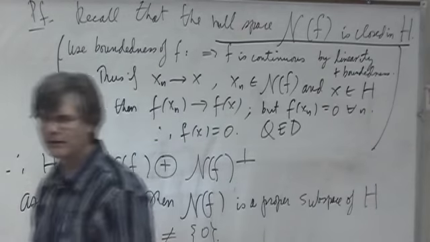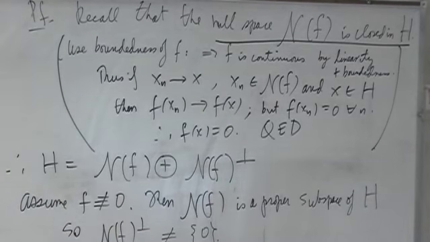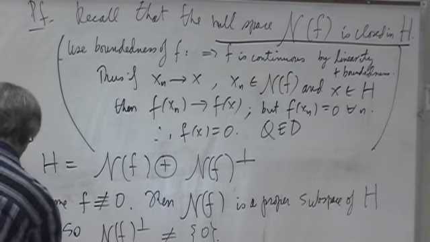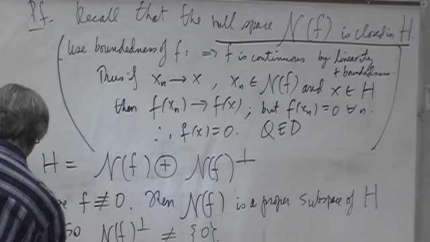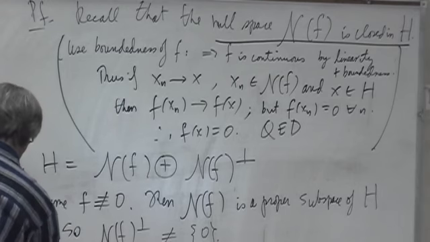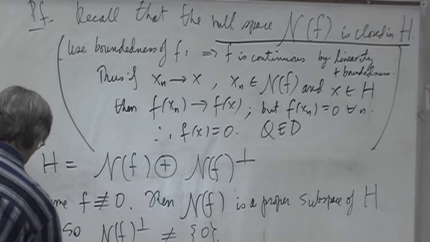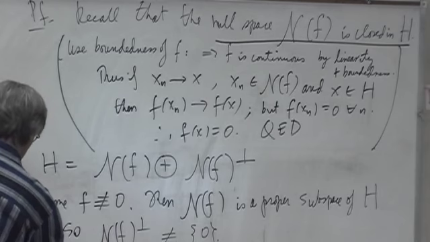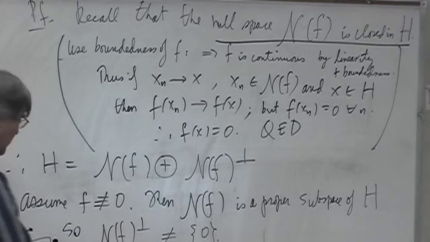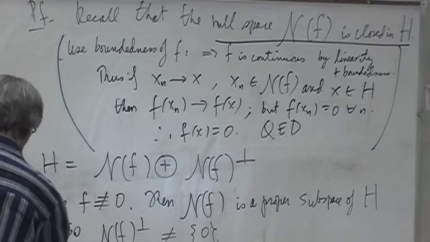There has to be some element that is not in the null space. So when I project onto the null space, I get a non-zero residual. It's just like a plane: there's a null space of F, here's something that didn't get mapped to 0, and I project onto there.